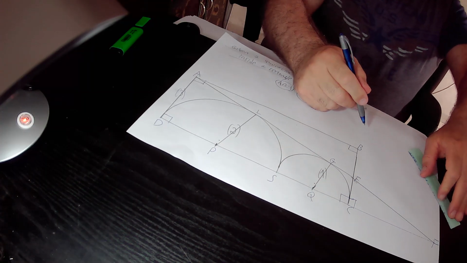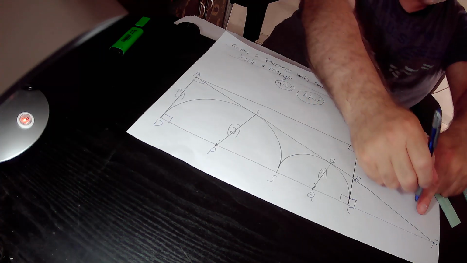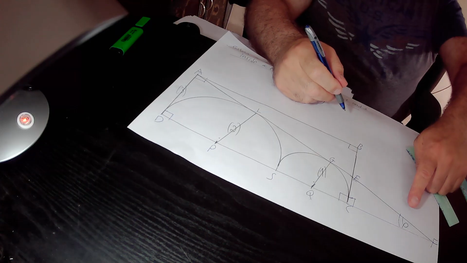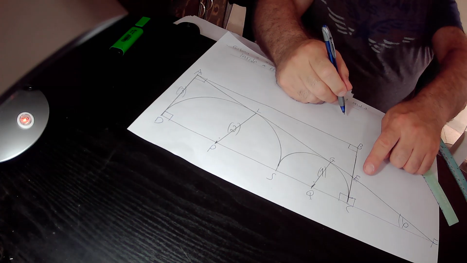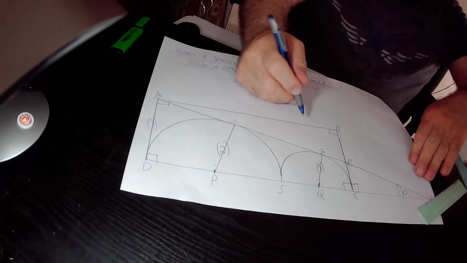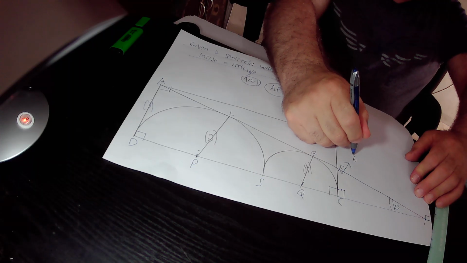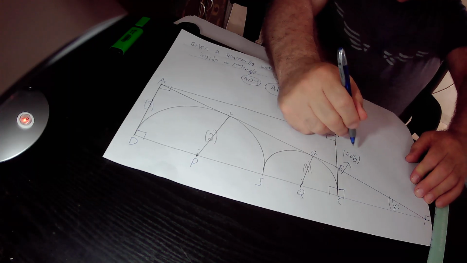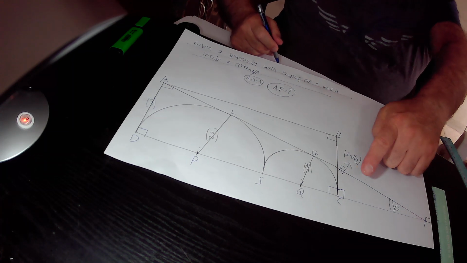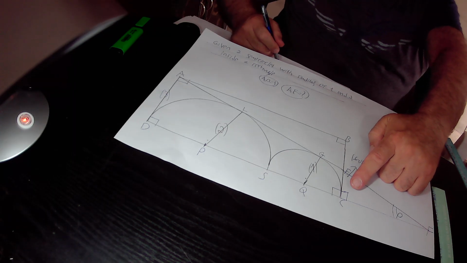So in the small right triangle ECF, we define this angle as alpha, and this angle equals 90 degrees. Therefore, this third missing angle must be equal to 90 degrees minus alpha. Why? Because 90 degrees minus alpha plus alpha is 90 degrees, and 90 degrees plus 90 degrees is equal to 180 degrees. That is the sum of the angles in any triangle.